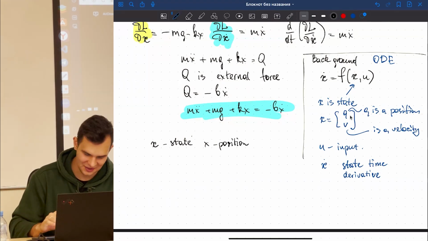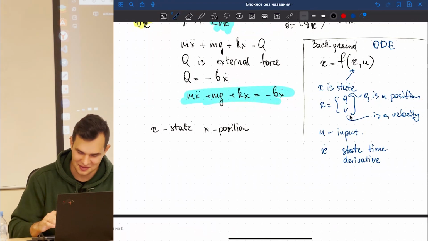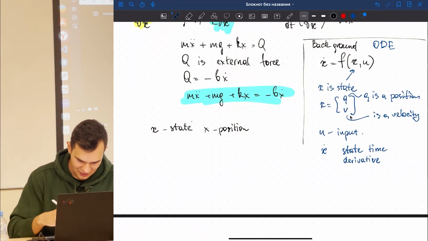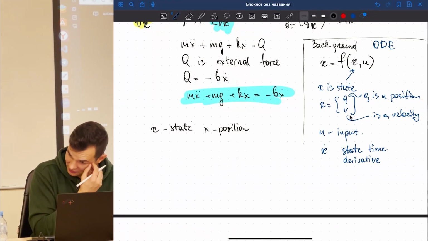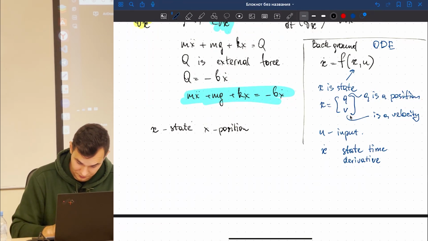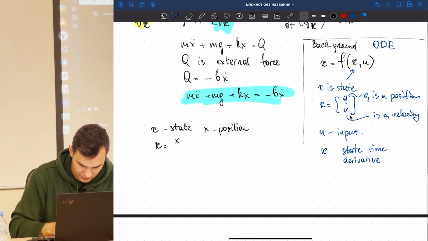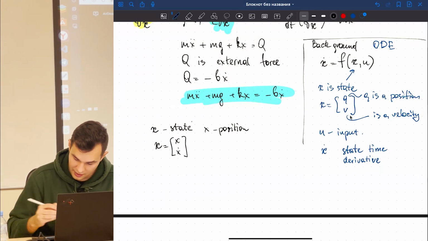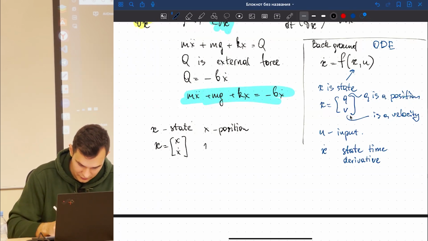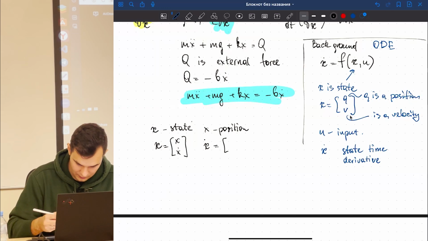It's not very good because I have the same x's here, but let's pretend that they are different. So the state will be position x and velocity x dot, and the state time derivative will be x dot and x double dot.